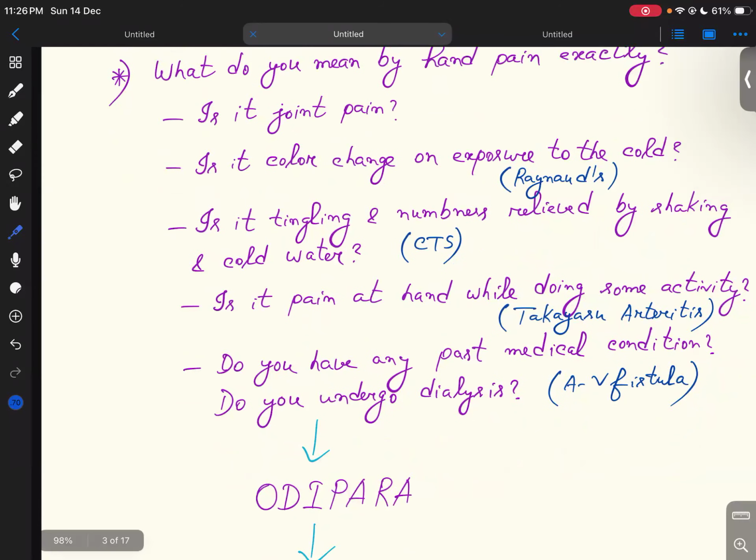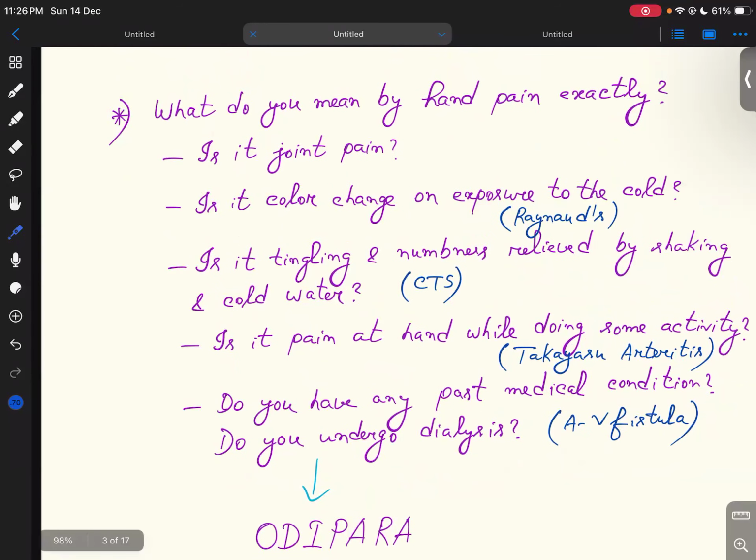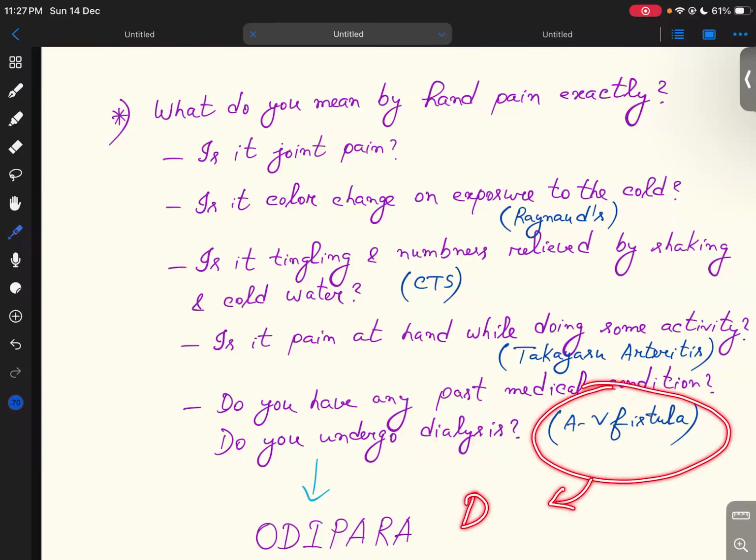Then we have to tell the patient, can you please show me your hand? And do you have any past medical condition that I should be aware of? Do you undergo dialysis? To identify AV fistula. And this is a very popular case in the Delhi center. Please keep it in mind.